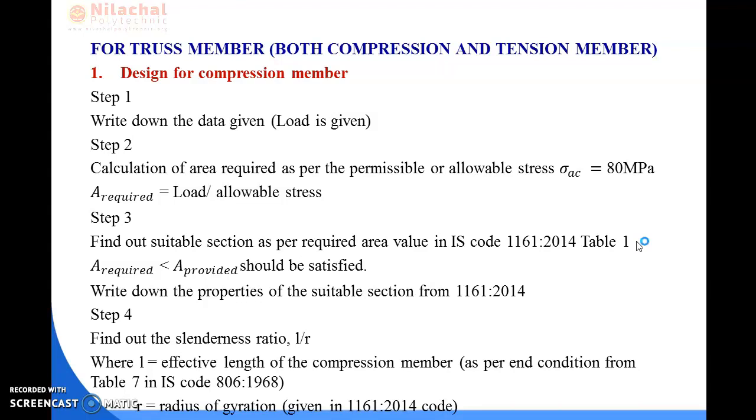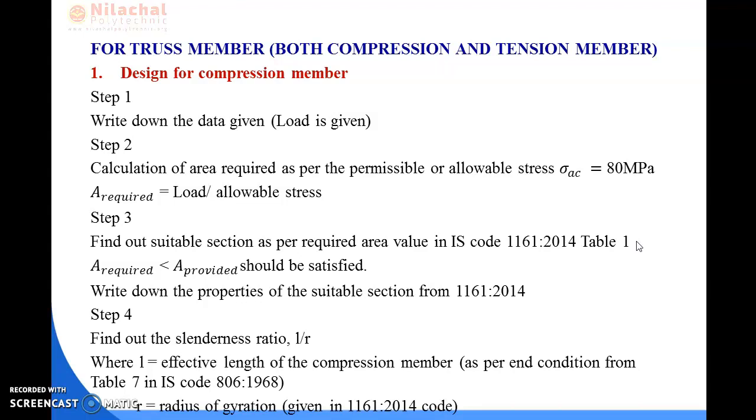In step 1, first of all, we have to write down the data given. Basically, in the question, loads and details about the loads are given.